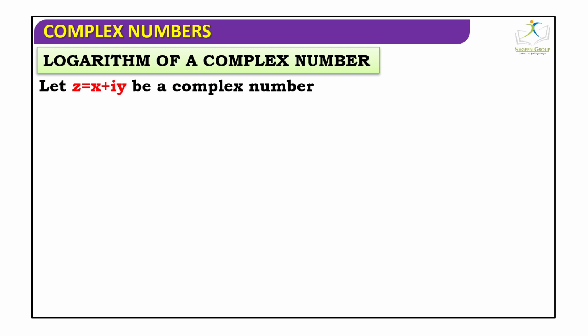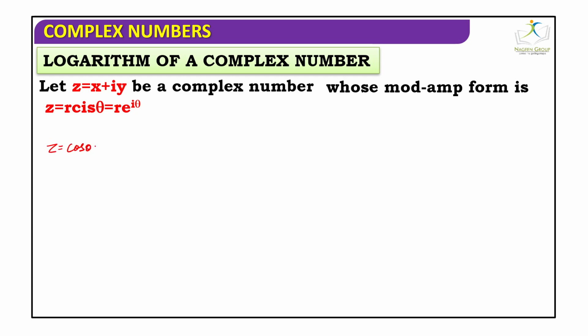Here let's consider z. We usually denote a complex number by z, and that is denoted as x plus iota y, whose modulus amplitude form we know is z equals r cis theta. Students, if you have x plus iota y, we write it as r cos theta plus iota r sin theta.